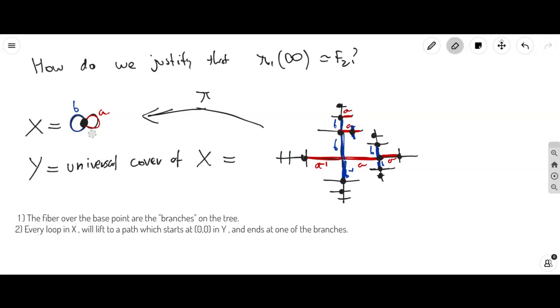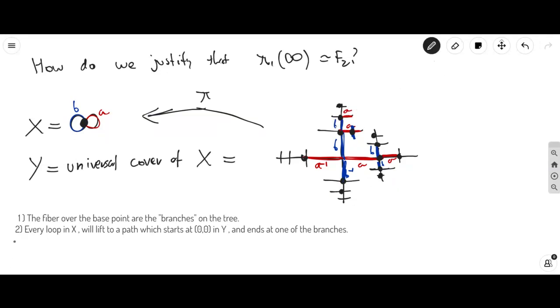So we've talked about this before, that when you have a covering space, if you take a loop and you lift the loop, it will in general lift to a path. And the terminal point of the path will be one of the points in the fiber. So therefore, let's say we make the convention that the origin gets mapped to the origin. This point gets mapped to the origin. That's the way we choose to do the initial condition.